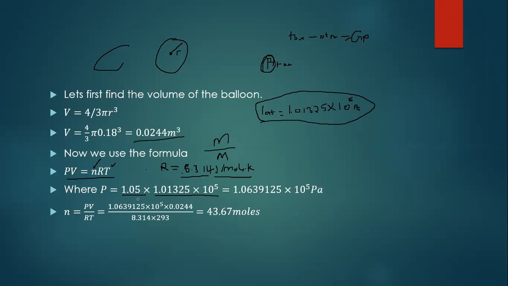We have this pressure that we calculated, volume that we calculated, the gas constant R is here, the temperature is there. No wonder now we're able to find the number of moles. Are we clear on that? How to go about it? Yes. Yes, okay. I'm clear on that.